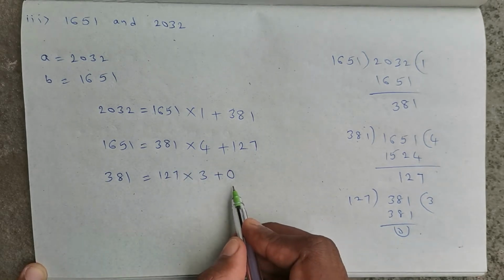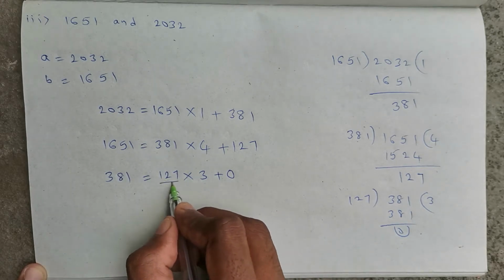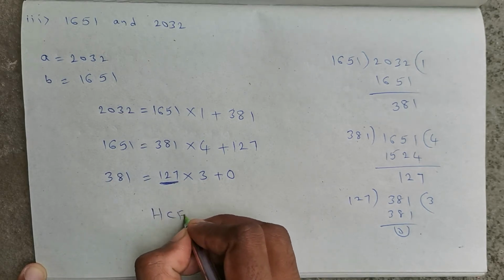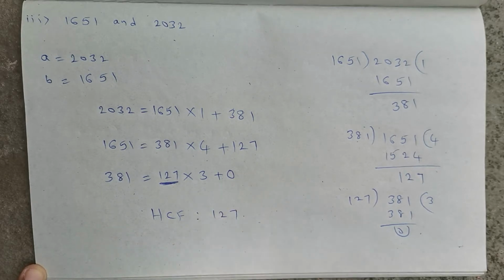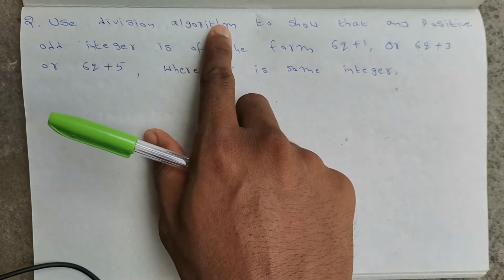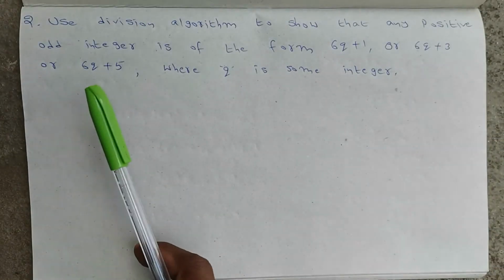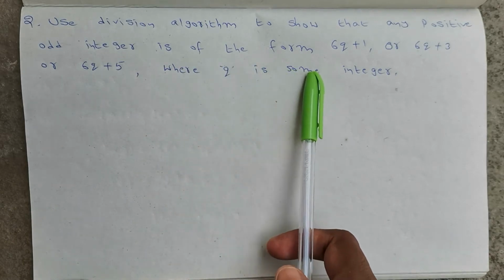Here we got the remainder 0, so we will stop this, and the last divisor is nothing but the HCF. So the HCF of 1651 and 2032 is 127.